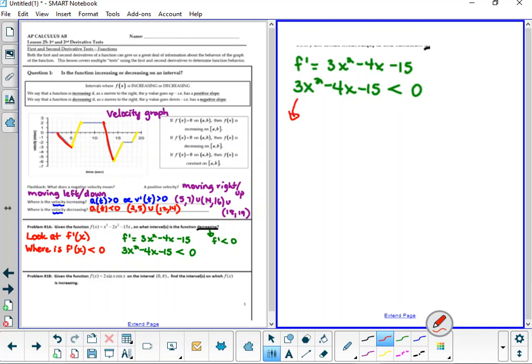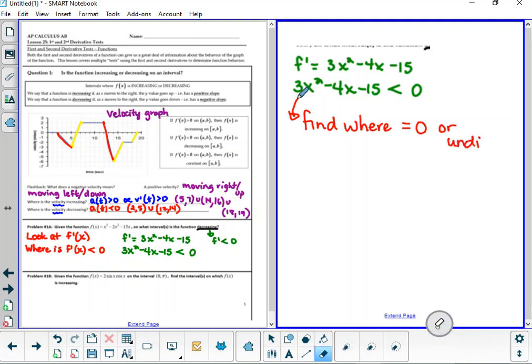Okay. So the first tool we do is we either figure out where it's equal to 0 or potentially undefined.